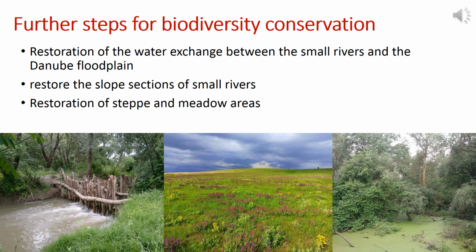Further steps of biodiversity conservation. Geospatial assessment of the ichthyofauna clearly shows the consequences of water flow regulation in small rivers. The current negative situation can only be solved if the water exchange between the small rivers and the Danube floodplain is restored.